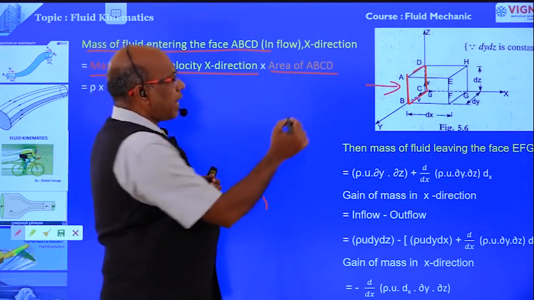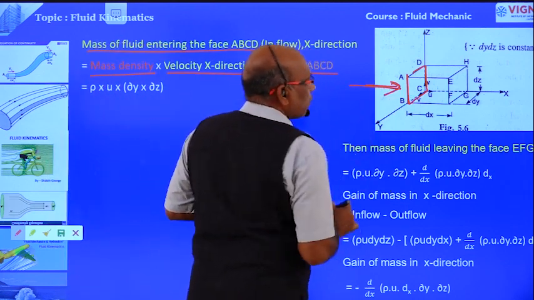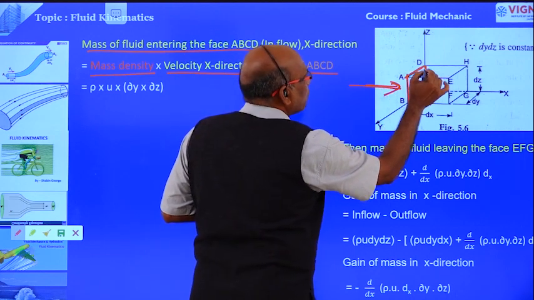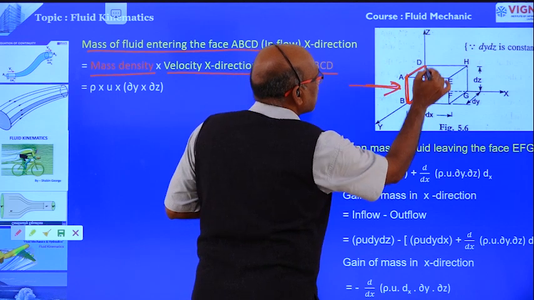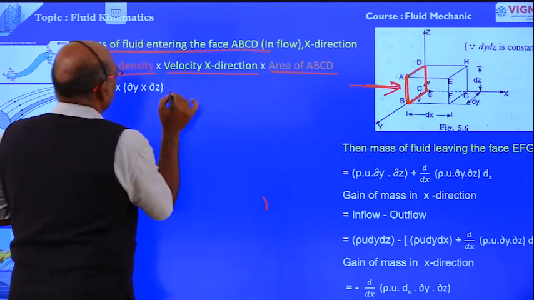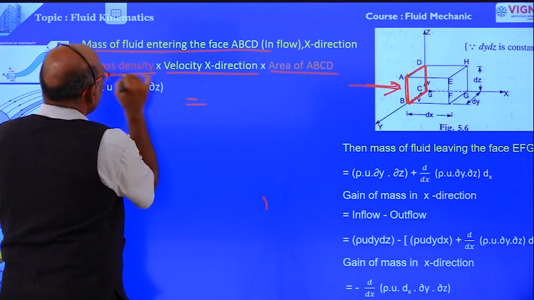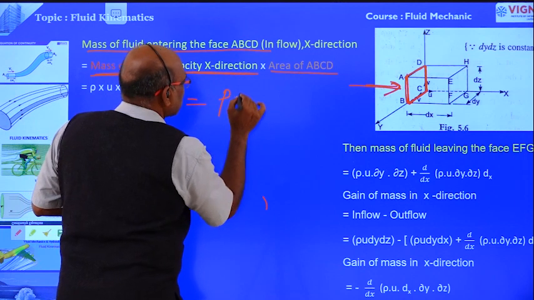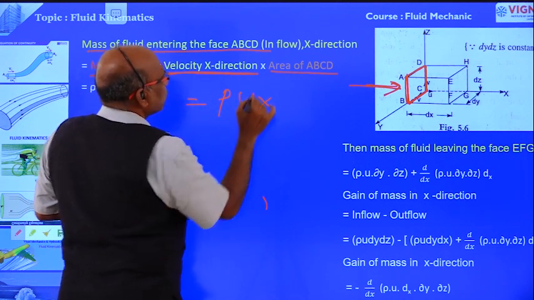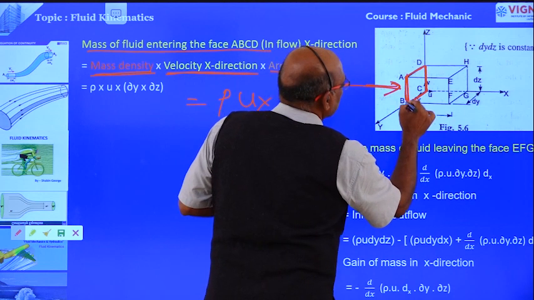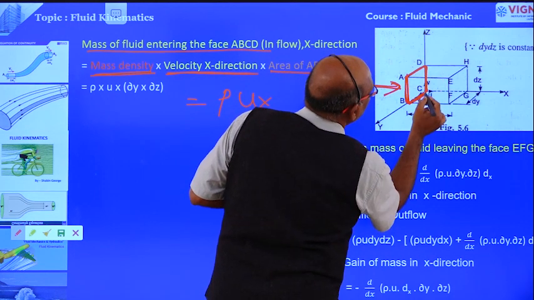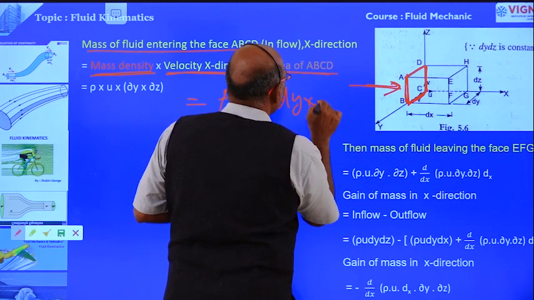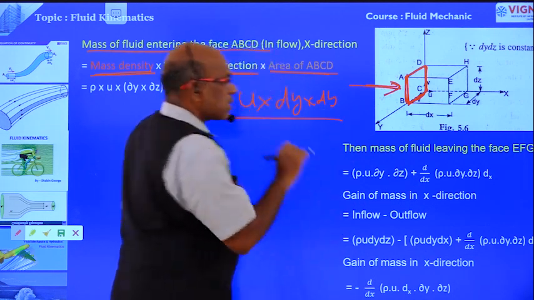Therefore the mass of fluid entering the face ABCD in the x direction is equal to, what is the formula? Mass density, denoted by rho, and velocity in the x direction, that is u, into the area of this face, which is dy into dz. Rho u dy dz, this is the mass of fluid entering in the x direction.